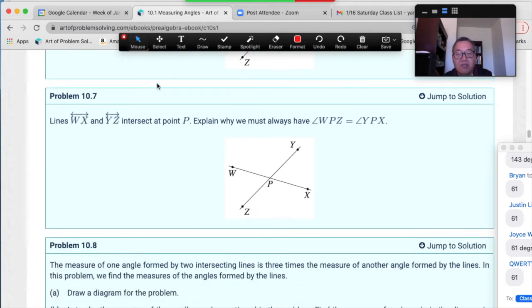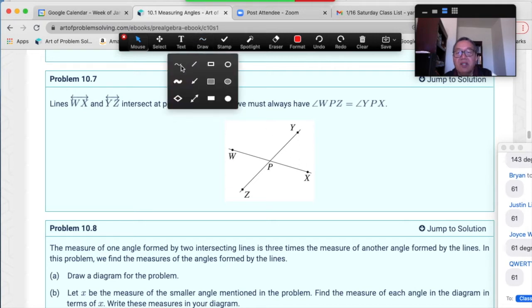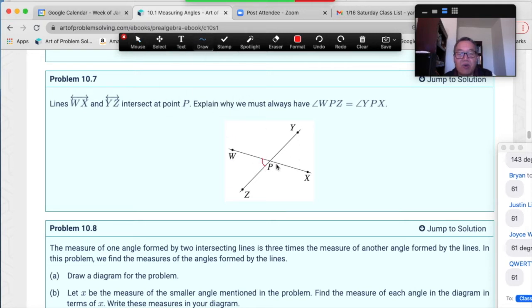Now let's go to number 7. See lines WX and YZ intersect at point P. Explain why we must always have WPZ equals YPX. Here they ask you why this one always equals this.